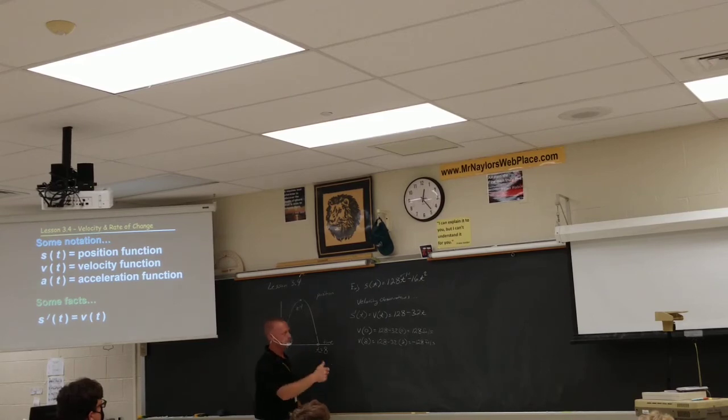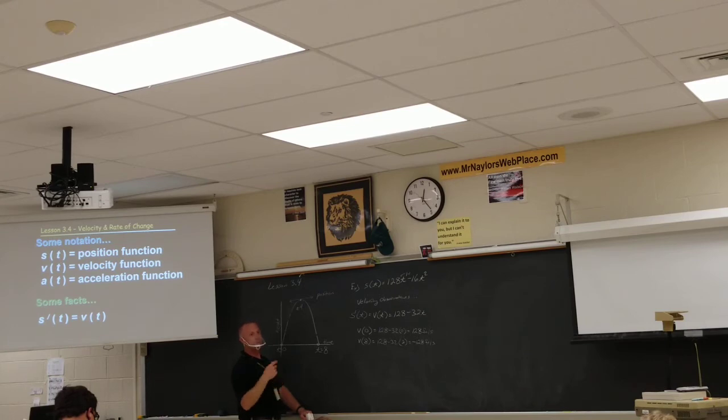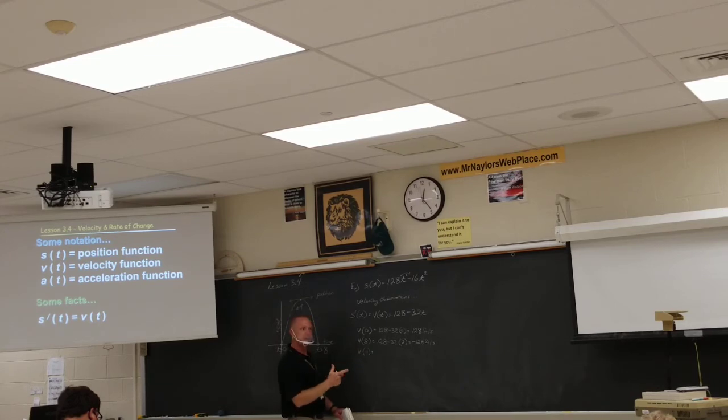That's good. How about the point up here, which you guys will come to know is sometimes the most critical point, when the slope is equal to 0? Oh, you mean when the velocity is equal to 0?